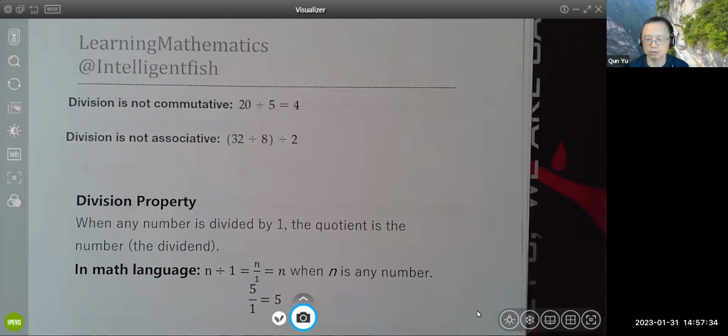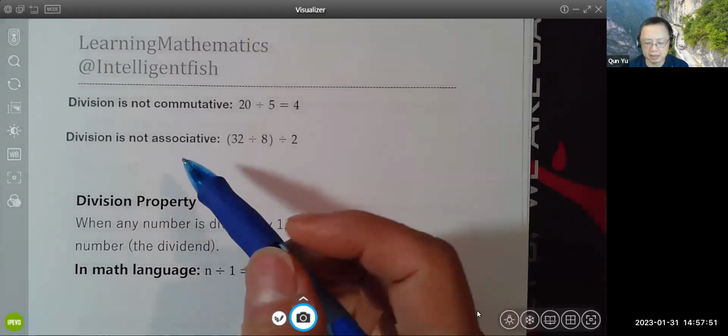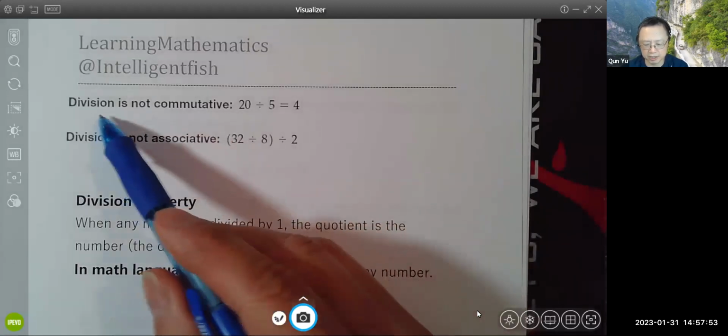For example, 3 times 5 versus 5 times 3, they both give you the same answer, which is 15, right? So order doesn't matter. Commutative means you can change the order of the numbers in your operation without changing the result. And this is not the case for division.